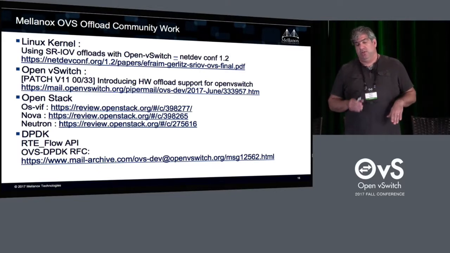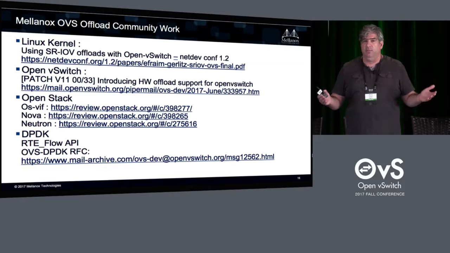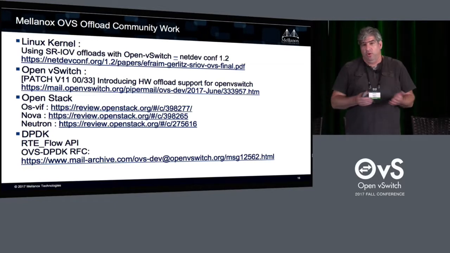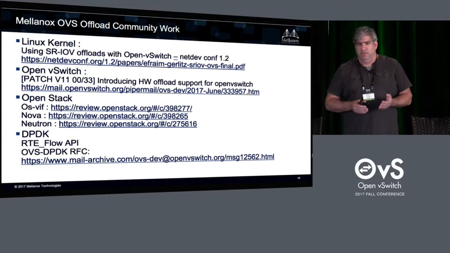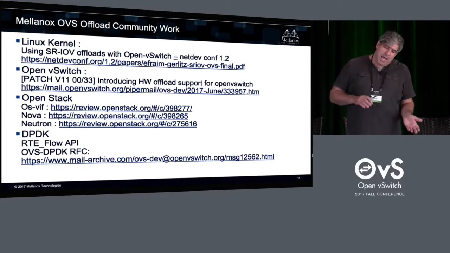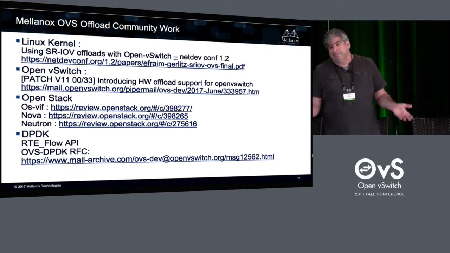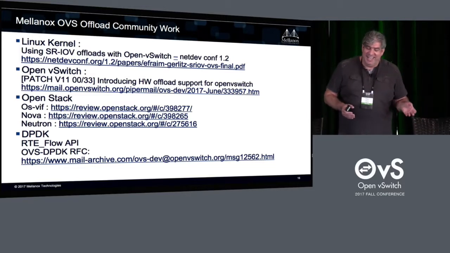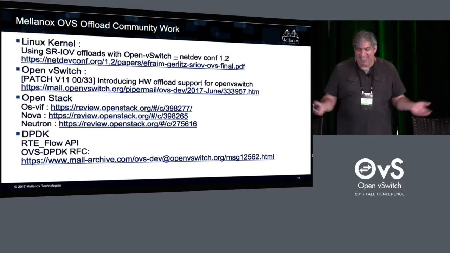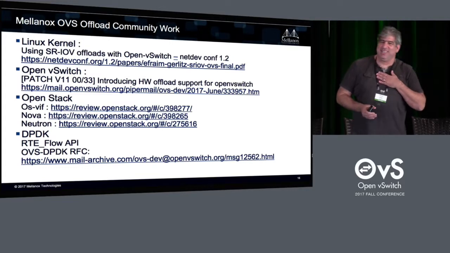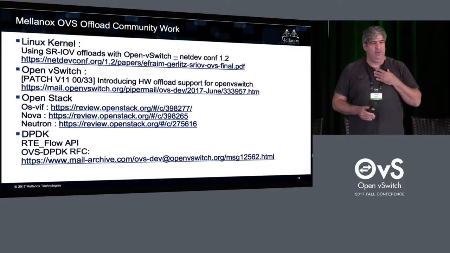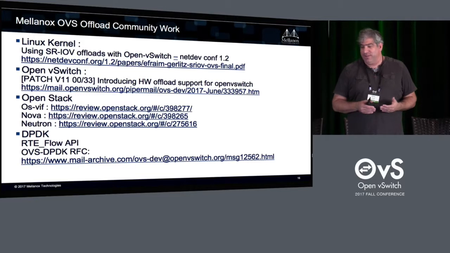In Open vSwitch last year, I think this is the first time that the OVS community wanted to listen about hardware offload, because a few years before it was, we don't need it, you don't support everything, and so on. And thanks to the community that's willing to accept the hardware offload.